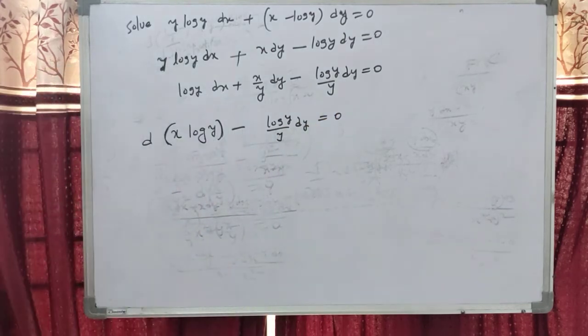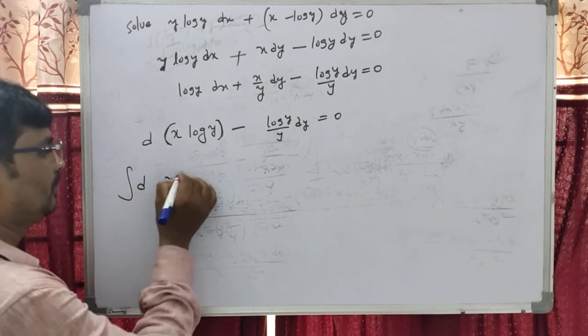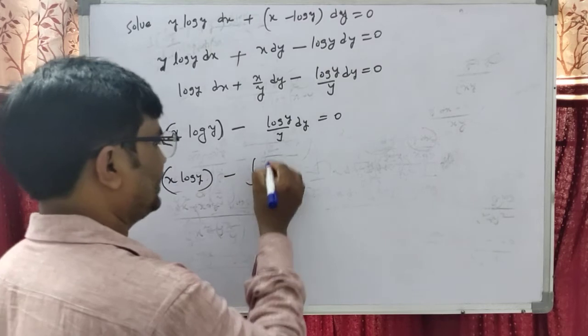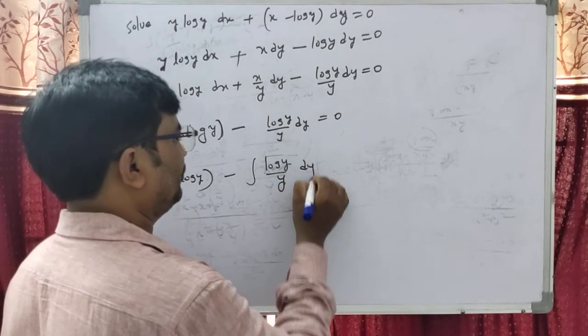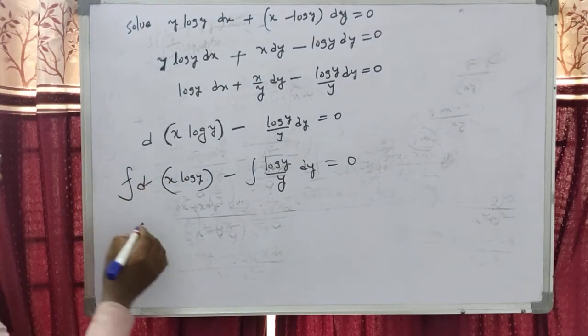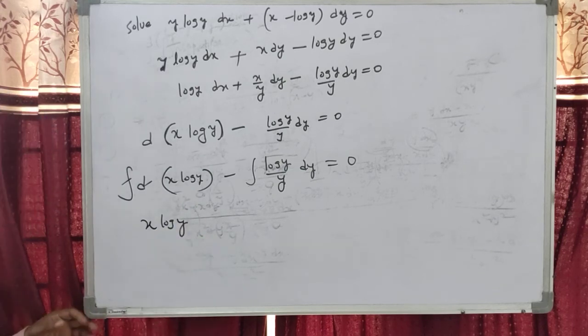Dear students, apply integrals on both sides. That is the derivative of x log y, minus of log y by y dy equal to 0. My dear students, the derivative and integral cancel. This is x log y.